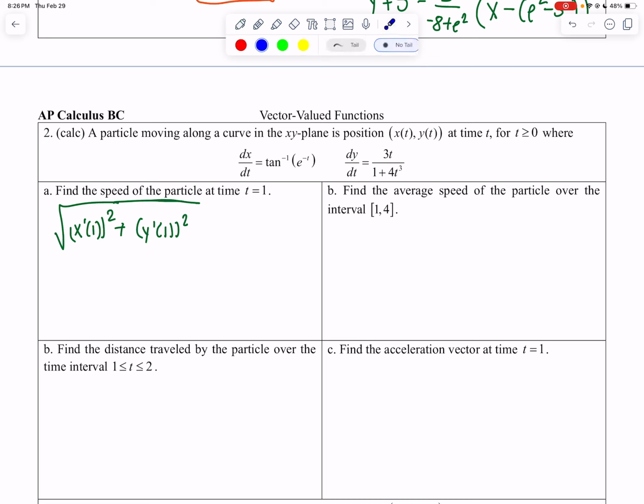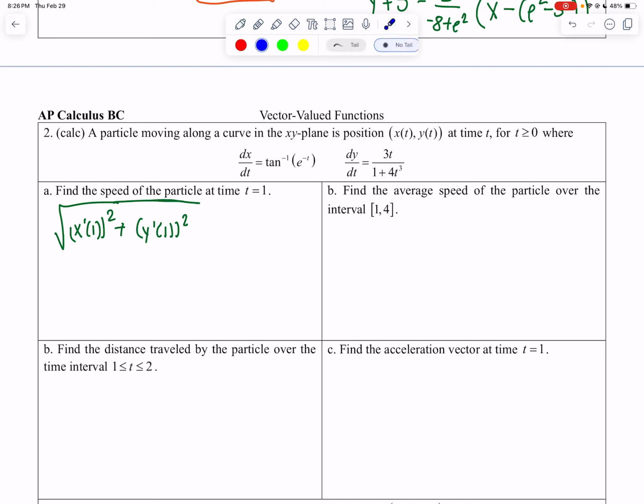To find the speed, we are going to do the square root of y1 squared plus y2 squared at 1.